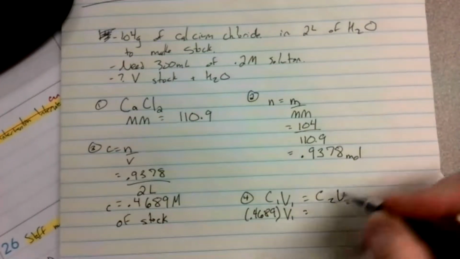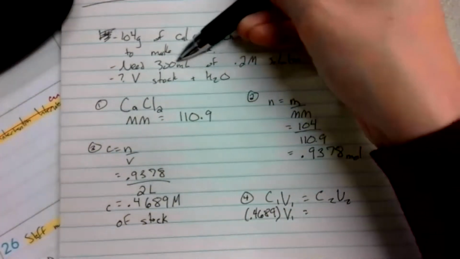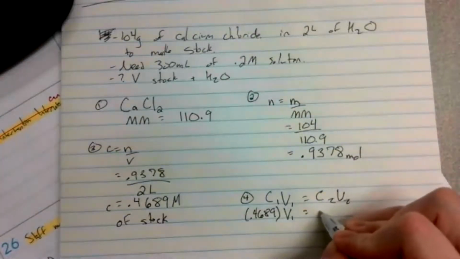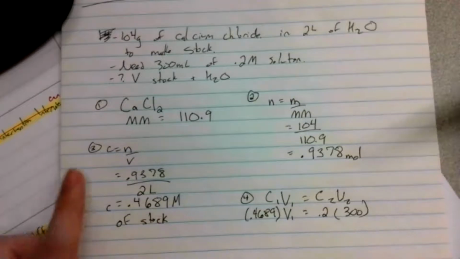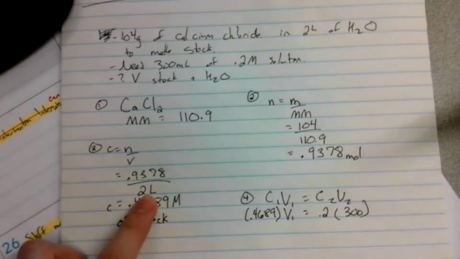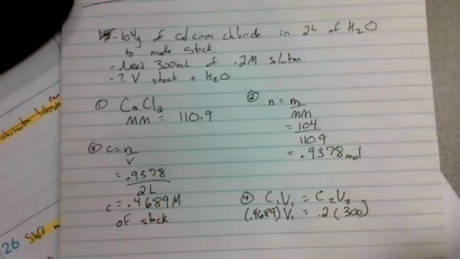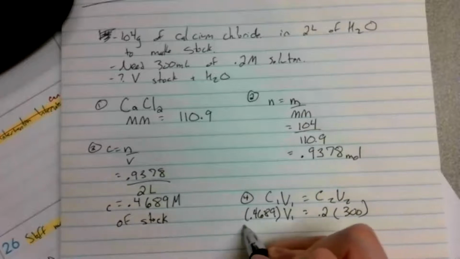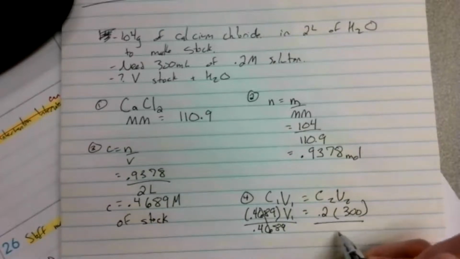Then we plug in our C2 and our V2, this 0.2 and 300 milliliters. Again, in this formula, C equals N over V, our volume must be in liters. In this formula, it can be in liters or milliliters. So now I just divide in order to isolate my V1.